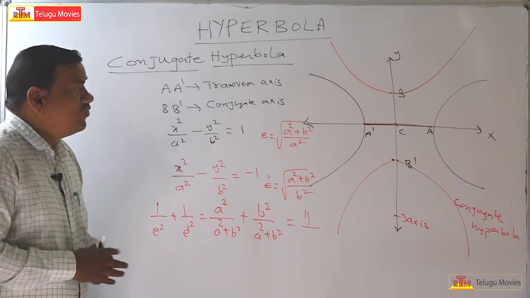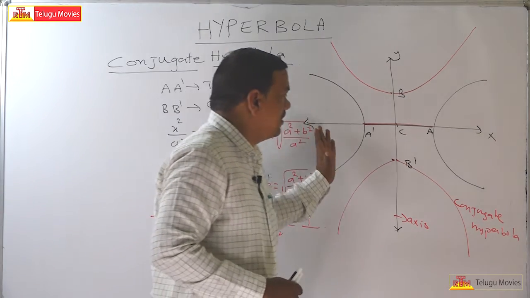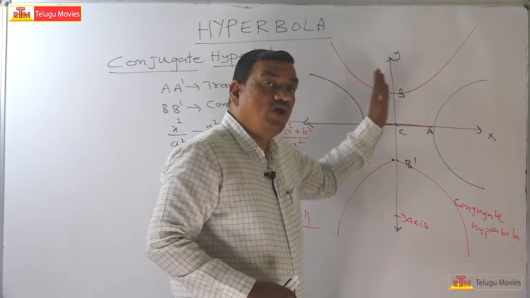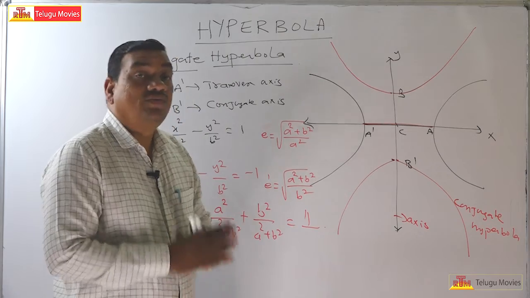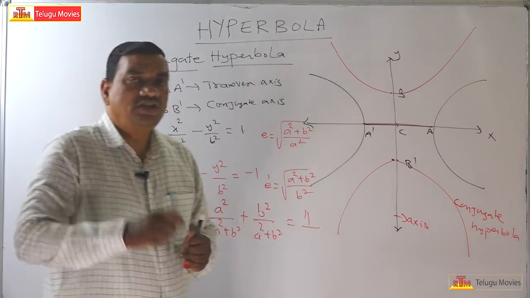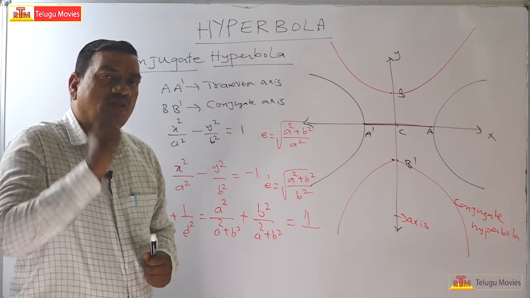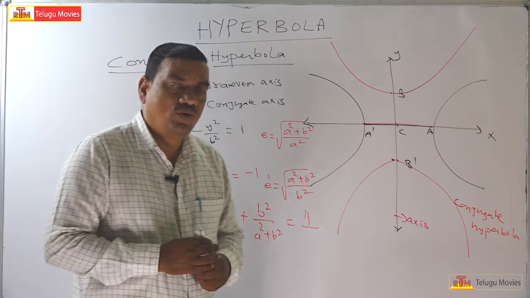Now, for all these hyperbolas, whether the original standard form or the conjugate hyperbola, we have taken the center as 0, 0. Is it that for all hyperbolas the center should be only 0, 0? No, not like that.